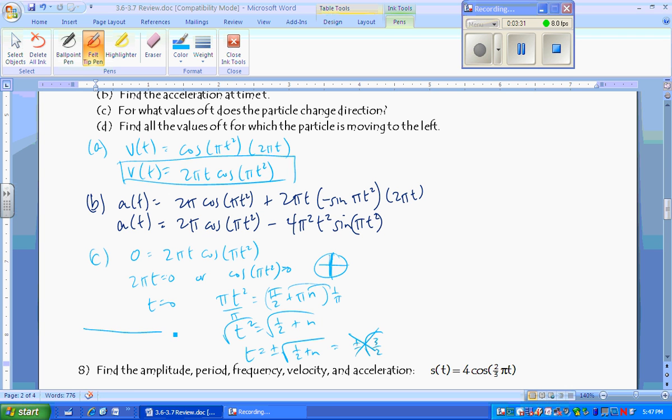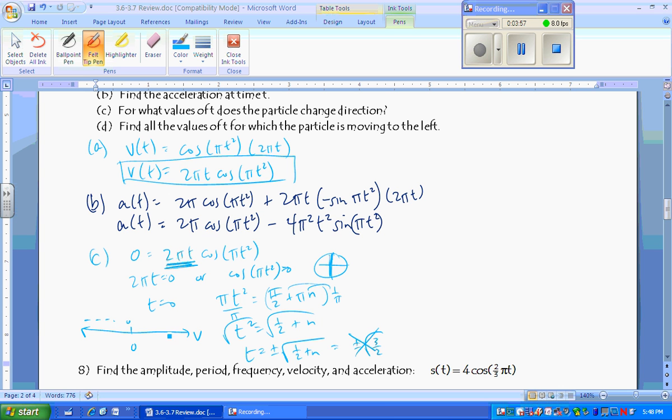And we want to check to make sure that it changes direction by looking at the velocity. When t is less than 0, this first part would be negative. And this right here, if we had like a -1, -1 squared is positive 1, times pi. So cosine of pi would be negative.